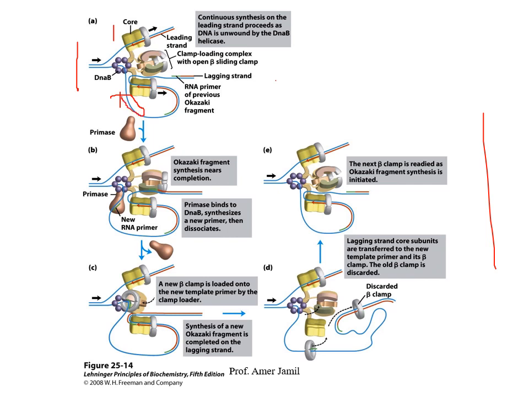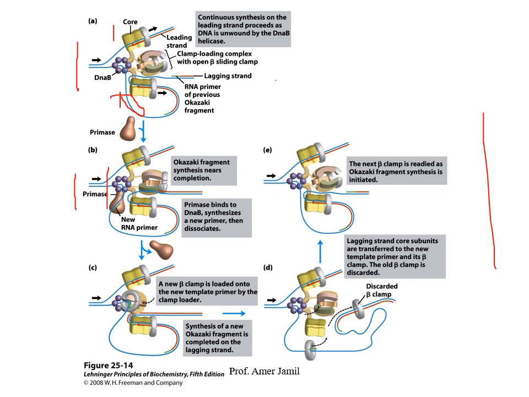This looping allows the lagging strand of the DNA to be placed in front of the DNA polymerase, so the DNA is turned around, and the whole set is moving in one direction.